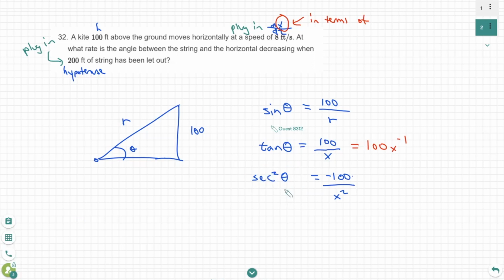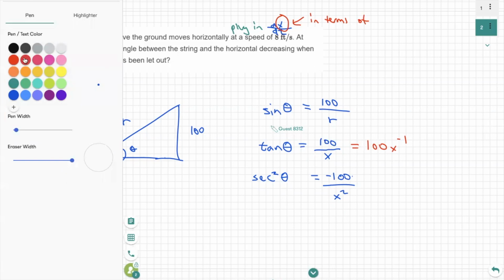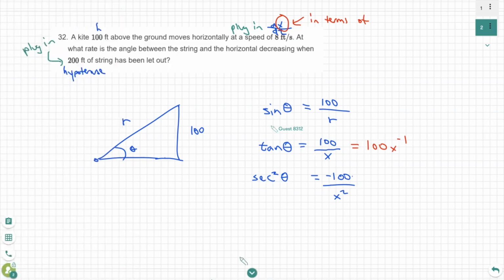Okay. But is there anything we have to do with dx over dt? Well, x is also a function of t, so x is inside. So 100 over x is the outside function, but x is itself an inner function of t. Okay, that makes sense.